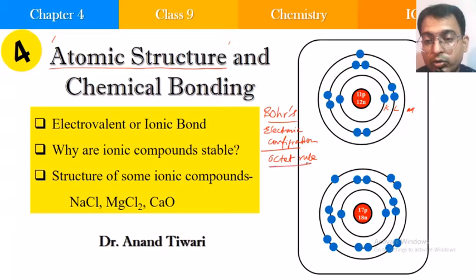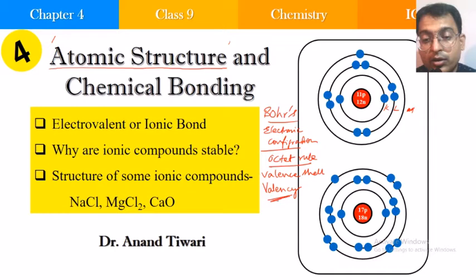What you can do by octet rule, you can predict that based upon the number of electrons in the outermost shell. What is the outermost shell known as? It is known as the valency shell. So based upon the number of electrons in the valency shell, you can determine the valency of that element.